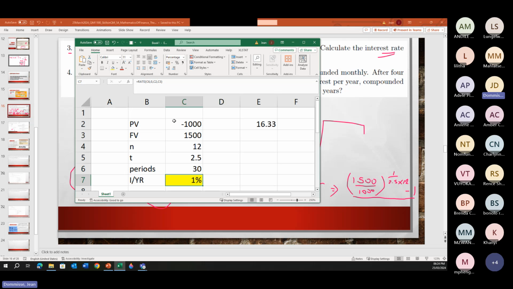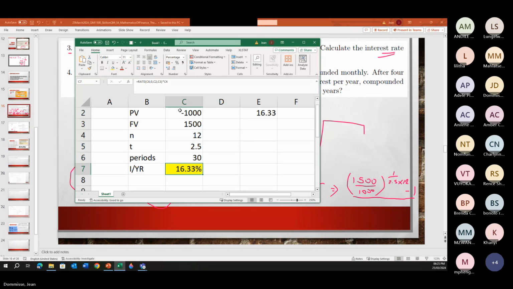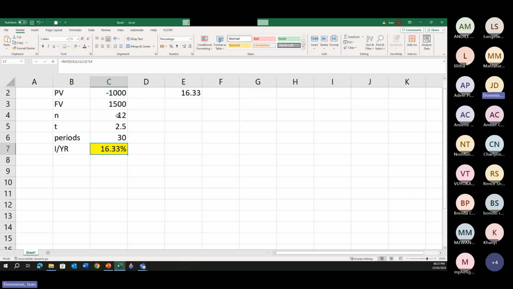So you still need to multiply that to get your annual rate. Excel is doing exactly what you said. It is working out a monthly interest rate, but you still need to multiply it with that number of n.